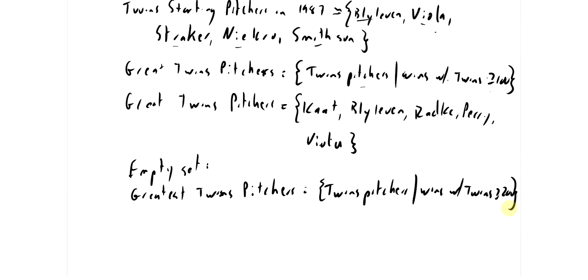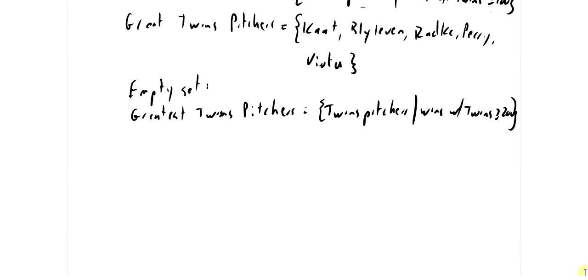Right? So we need a list of all the pitchers who have won at least 200 games with the Twins. There are none. There's never been a pitcher who stayed so long with the Twins and been really good, and the Twins have been good, so they could get at least 200 wins.